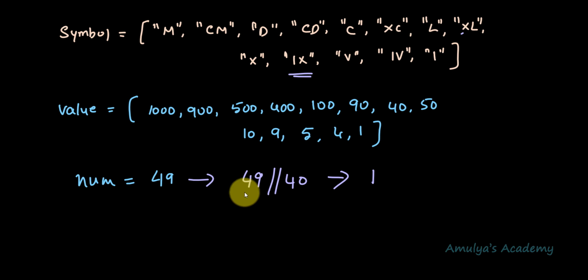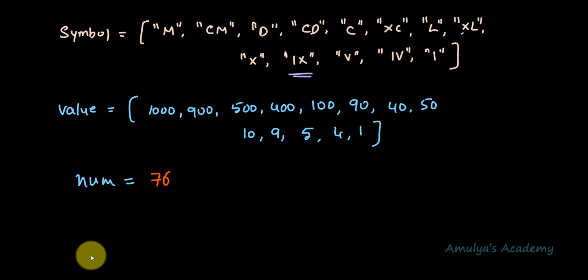Let's take another example. I'll take number as 76. First I need to check in which range 76 comes. To check the range, you need to divide 76 by each and every value. First you need to divide 76 by 1000. We'll get value as 0. So no, I need to divide 76 by 900.